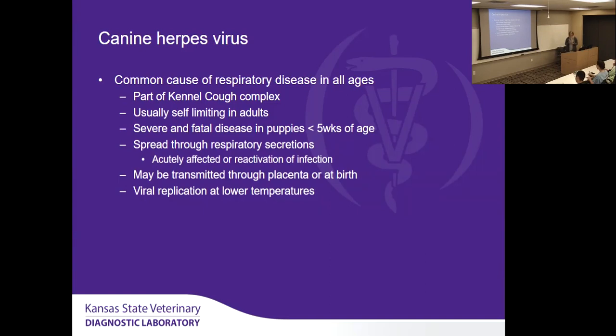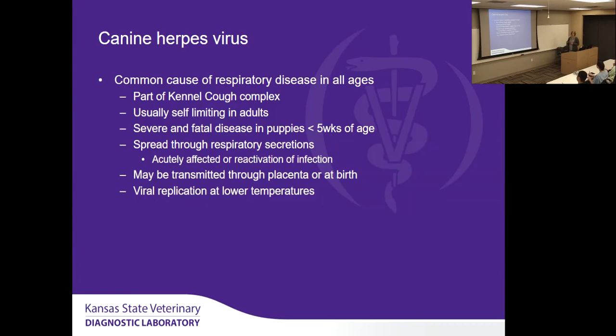And stress is what causes it to reemerge or recrudesce, they call it. So a pregnancy and whelping the dog is a really good time for that to happen. So all of a sudden she starts circulating the virus in her body, she sheds it in those secretions, and then she infects the puppies at the time of birth or shortly after when they're still in the whelping box.